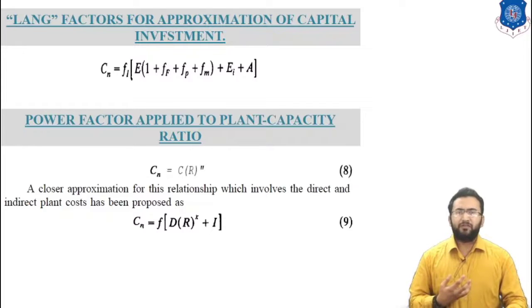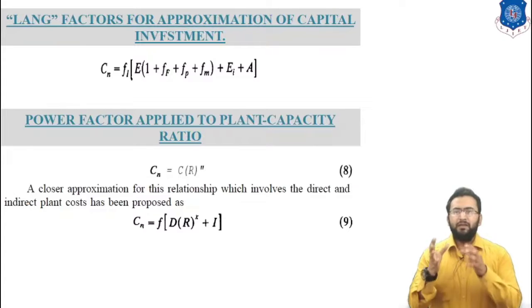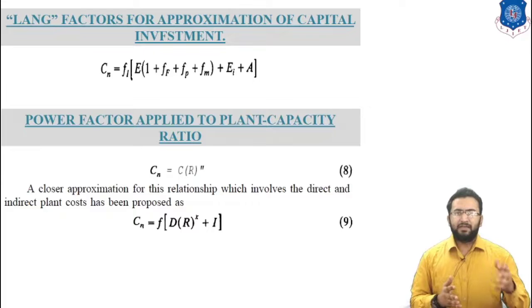This power has been found to average between 0.6 and 0.7 for many process facilities. That's why the equation for this method can be given by Cn is equal to C multiplied by R to the power x. A closer approximation for a relationship which involves direct and indirect plant cost has been proposed as Cn is equal to F into D into R power of x plus I.